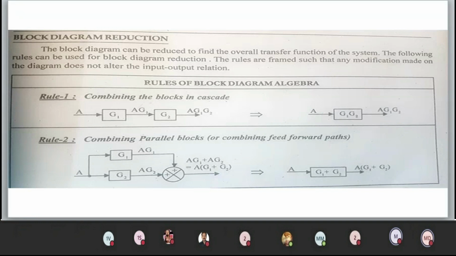Now in this GATE coaching class, the primary topic of discussion is block diagram reduction. What do you understand by the term block diagram? From the term block diagram, we mean that different components are brought together to establish a certain system.